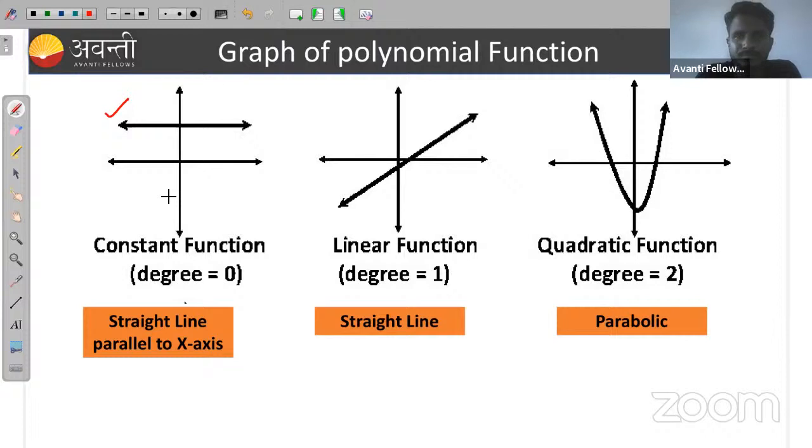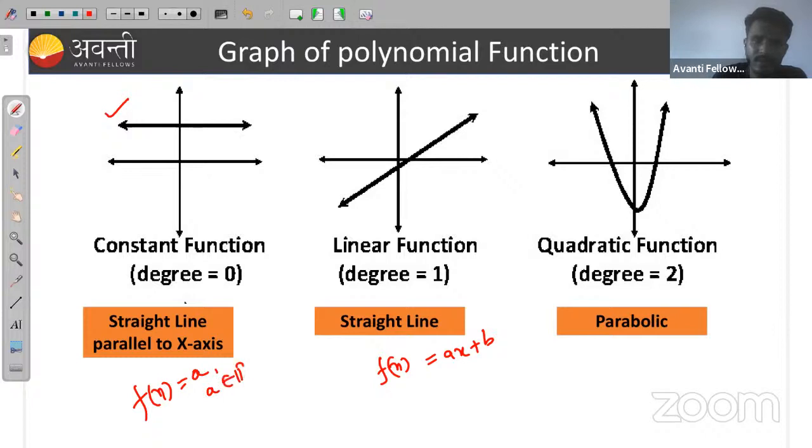Okay. So next, the linear function. Whenever we talk about a linear function, it means f of x is equal to ax plus b. A constant function means f of x is equal to a, where a belongs to any real. Here a and b also belong to R, and a is not equal to 0.